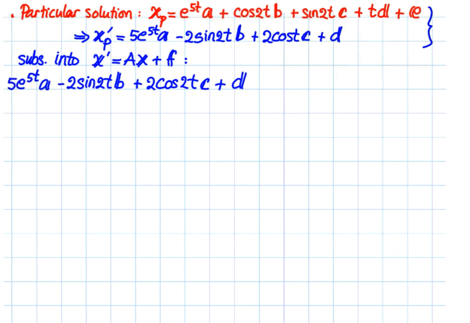The right hand side, first we have A times x, so we're going to write e to the 5t big A little a. So we just multiply the matrix A into x, so that's what we have.